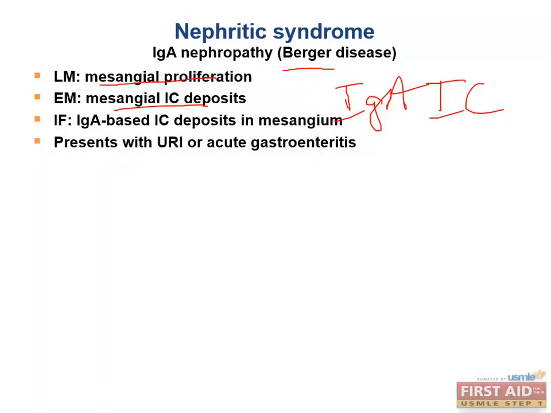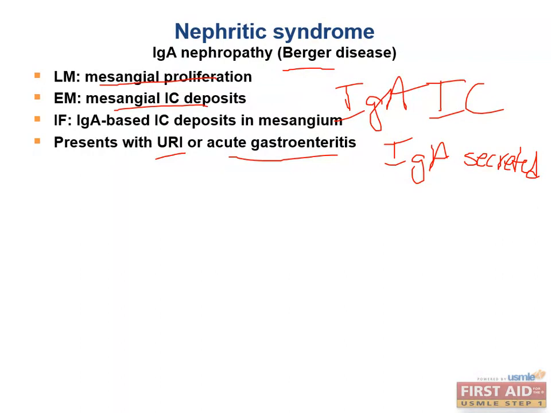Now, clinically, IgA nephropathy usually presents with an infection like an upper respiratory tract infection or acute gastroenteritis. So what's the commonality between a URI and gastroenteritis? Notice that in both of these infections, the infection is occurring where IgA is secreted.